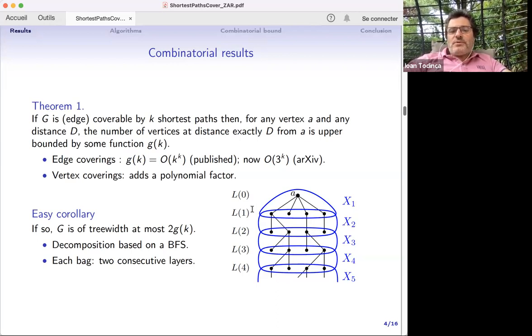So here, if I bound the number of vertices in each layer, the size of the bags is twice this number. So the path width is trivially bounded. And once I prove theorem 1, which I will do later, I have that the path width of yes instances is bounded by a constant depending on k.